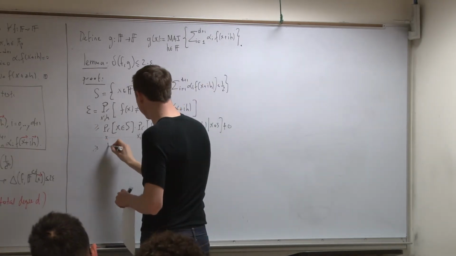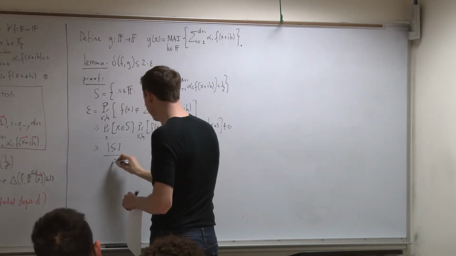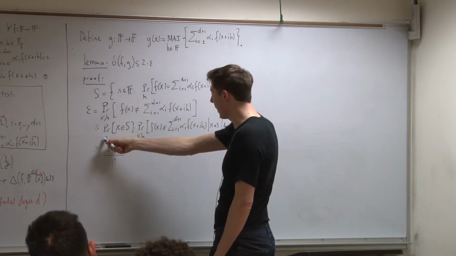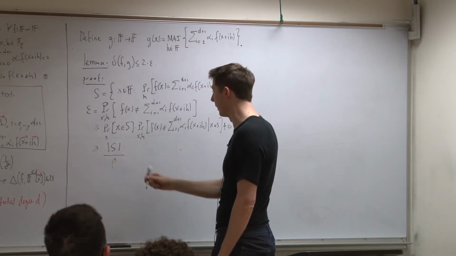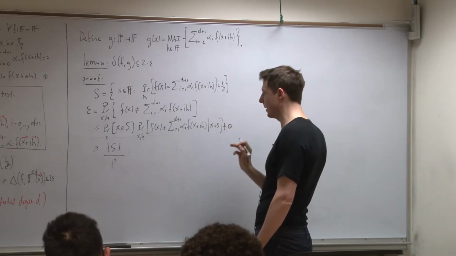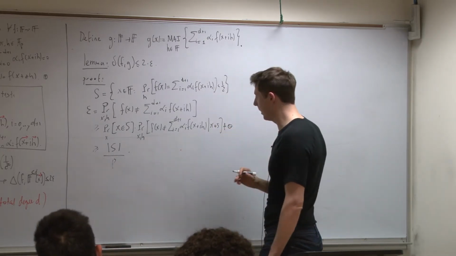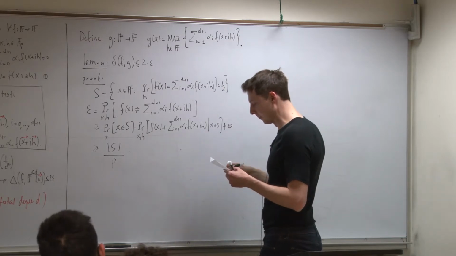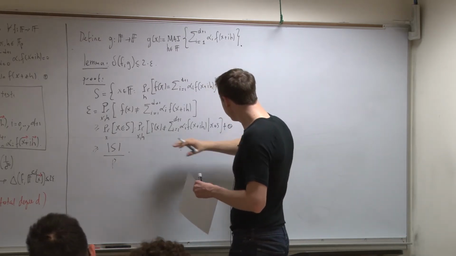Now, this is at most |S| over |F| by definition. The probability that a random x is in S is exactly the size of S over |F|. I'm discarding what happens in the other case, but let's look at this condition. What is this probability?